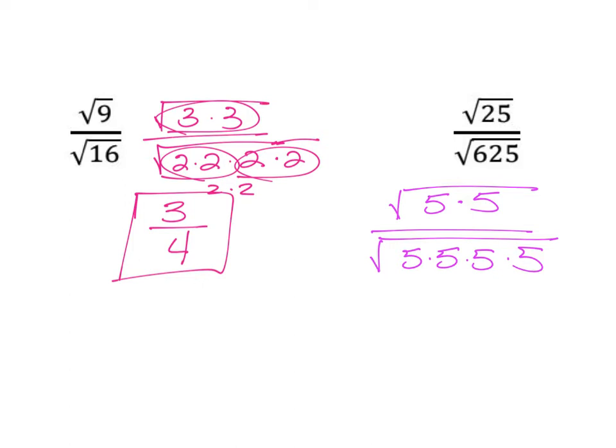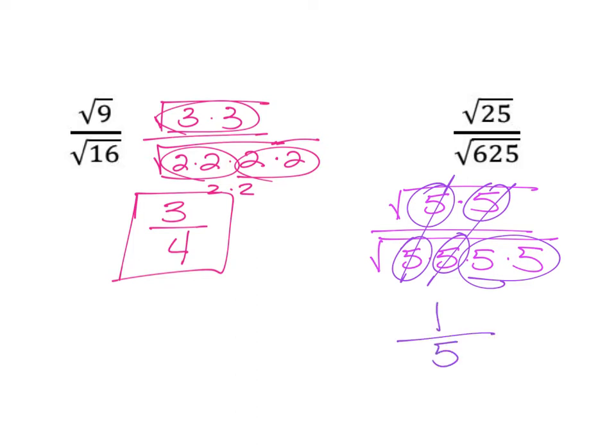There are 5s in the numerator and denominator, so I'm going to cancel those. I'm going to cancel a pair here, so then I'm left with only a pair of 5s in the denominator. So what that leaves me with is a 1 in the numerator and a 5 in the denominator. This gets me exactly what I need. Our radicals disappear because we either canceled or circled, and we're left with 1/5.